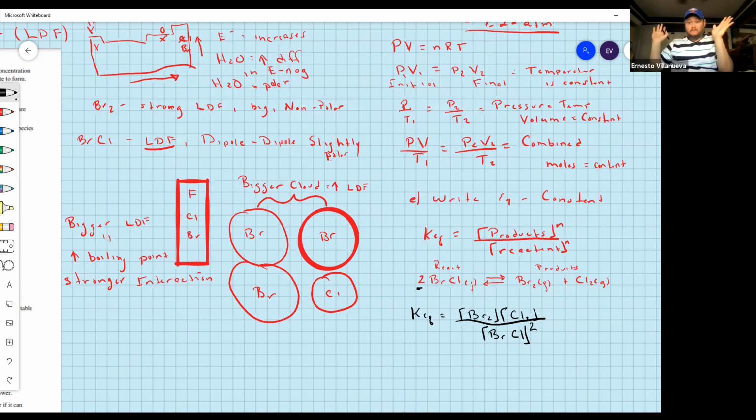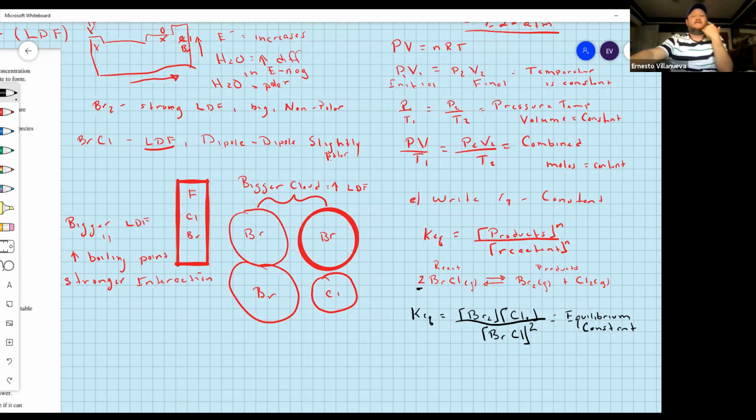That's it. That's all you have to do for that. All right. So this here represents the equilibrium constant. Questions? All right. Pretty simple, pretty simple.